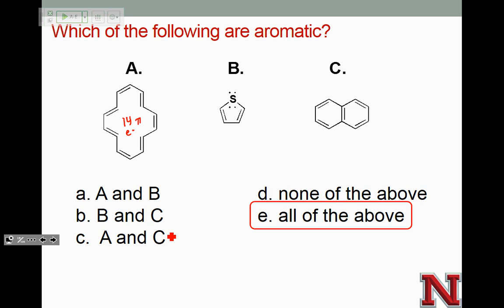It's localized to the sulfur. Only one of those lone pairs is delocalized. So overall, we only have 6 pi electrons because 2 lone pairs can't be delocalized at the same time on one atom because that p orbital only holds 2 electrons. And of course, this one has 10 pi electrons, so that is aromatic.